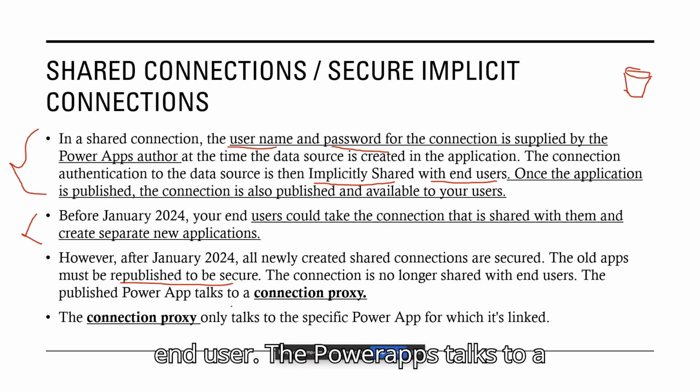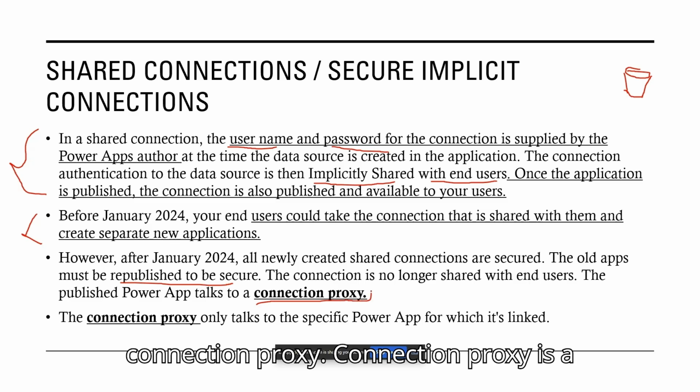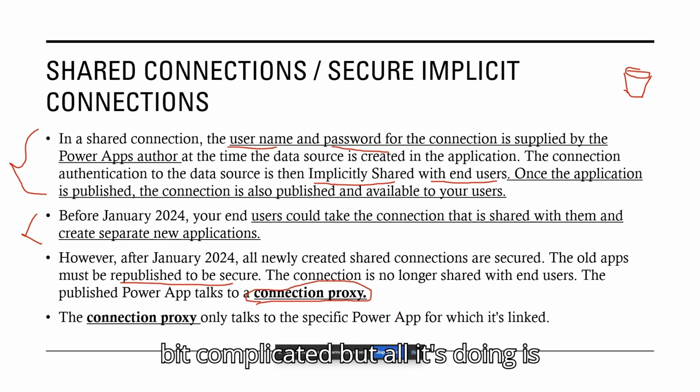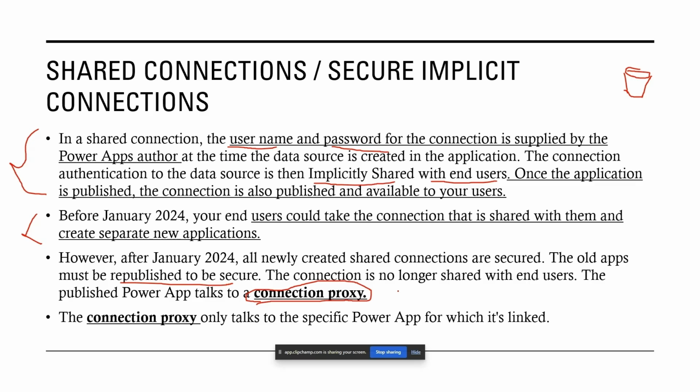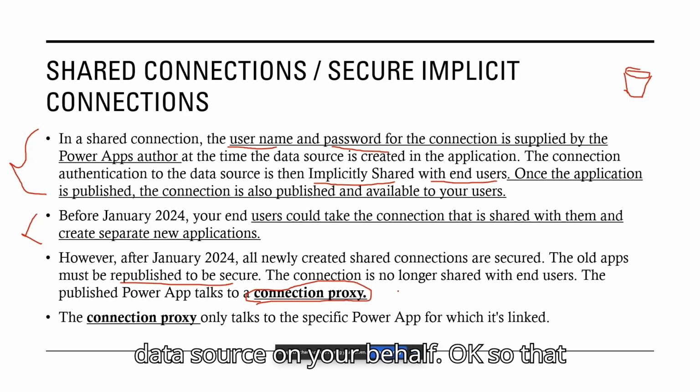Power Apps talks to a connection proxy. Connection proxy is a bit complicated, but all it's doing is, when you call a connector, it uses this thing called a connection proxy to call the data source on your behalf.